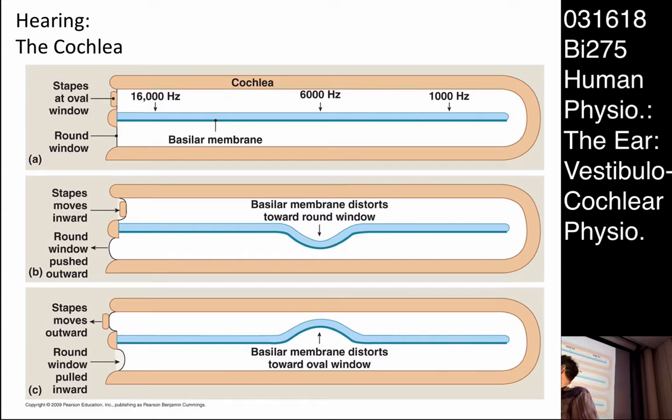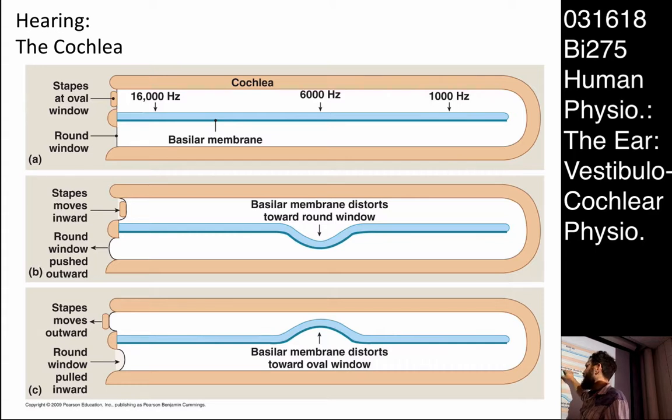So the vibration first pushes in, and it's going to distort the basilar membrane away from the inward push of the oval window and the stapes. And in so doing, it's going to cause the round window to go in the opposite direction. So fluids are incompressible, right? They're not really compressible.